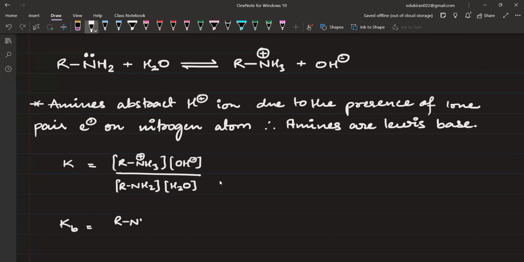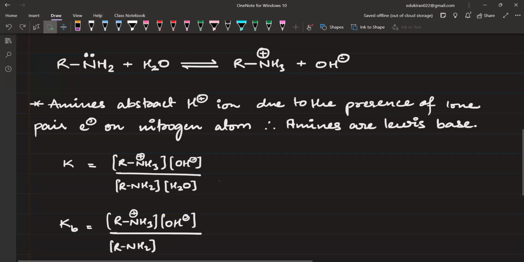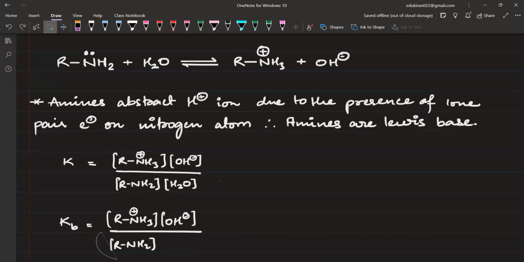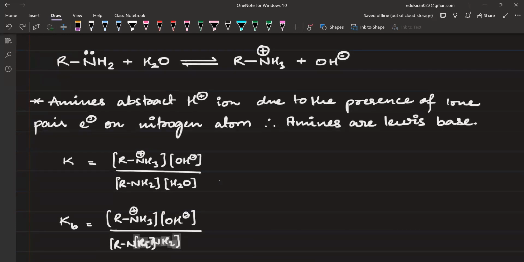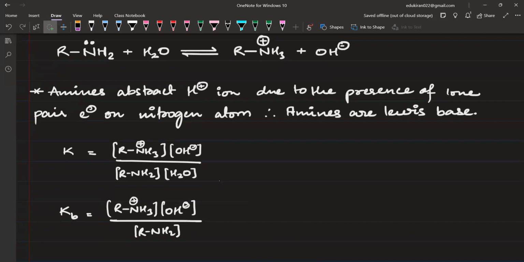So you have RNH3 positive, OH negative divided by RNH2, and water is not there. Okay? But this is Kb. Now, if a base is strong, it will give you a high amount of OH negative.